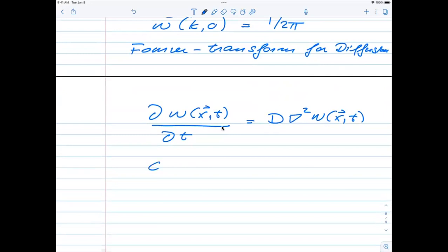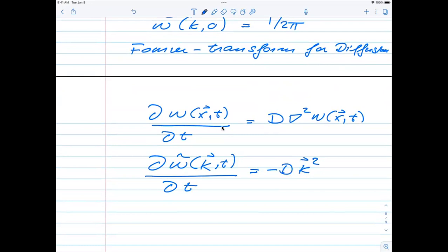And then we look at the k-space variant of that one. So we have this new probability distribution, dP of k and t over dt, and that's going to be given by minus D, k squared, times the probability distribution here. And this is something which we can solve. We know the solution of that one. This is easy to solve.